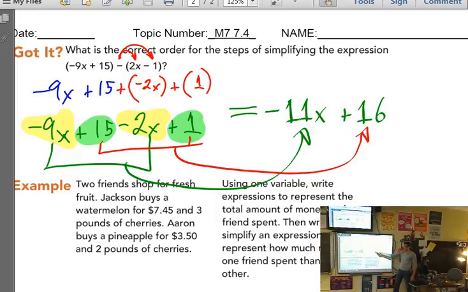Are you confused about the negative 11? This goes back to our first chapter of the year, adding and subtracting positive and negatives. These both have the same sign. Hang on. These both have the same sign, so they keep their sign and they sum together because they're both going the same direction. They're going in the negative. Then it would go the opposite way. Okay. Yeah. Any other questions here?